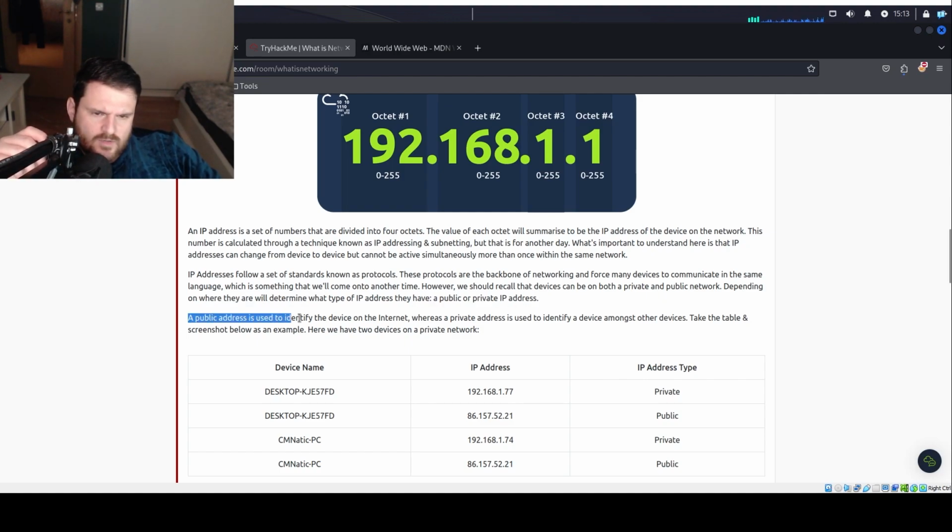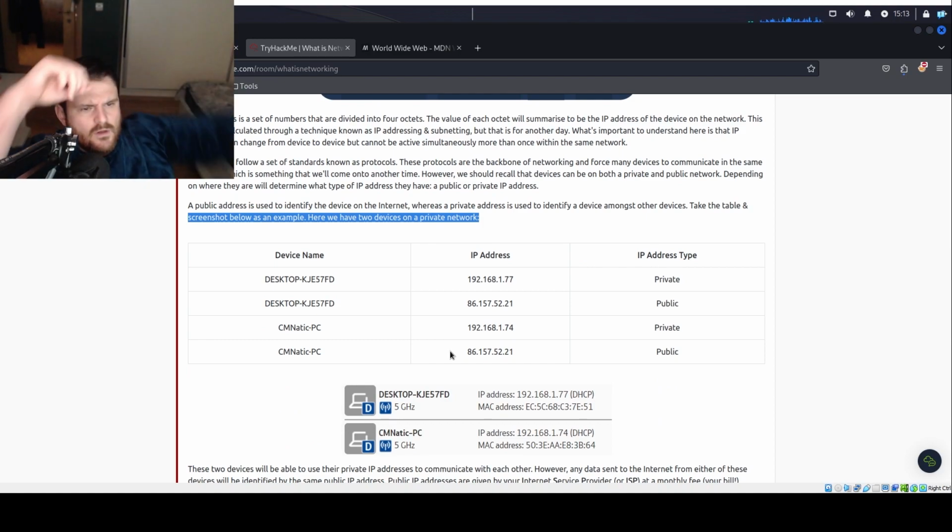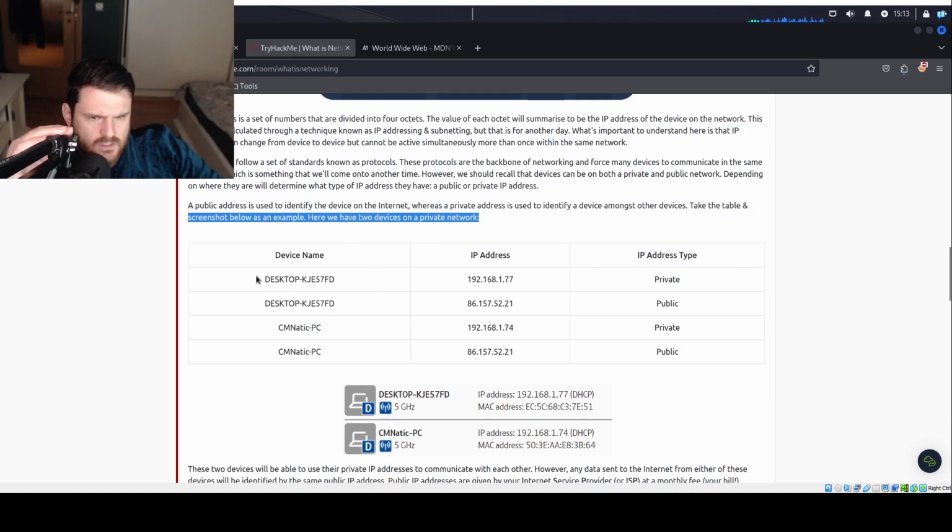A public address is used to identify the device on the internet, whereas a private address is used to identify a device among other devices. Take the table and the screenshot below as an example. Here we have 2 devices on a private network, with the associated IPs.